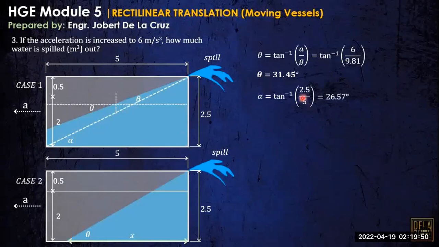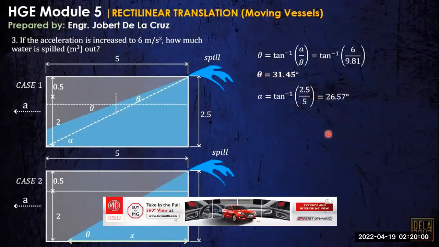Then, by comparing the alpha and the theta, as you can see, yung alpha is lesser than ating theta. So, ano yung ibig sabihin nito? Lesser than. That means, hindi siya lumagpas. Di ba? In this position, yung theta natin dito sa case 1, dapat mas maliit siya sa alpha.